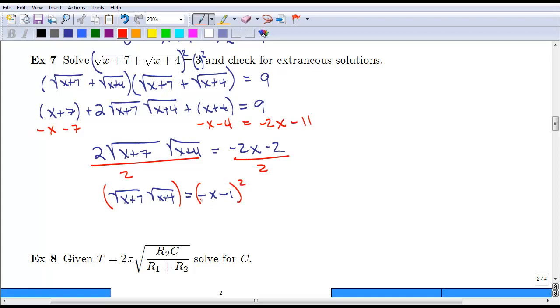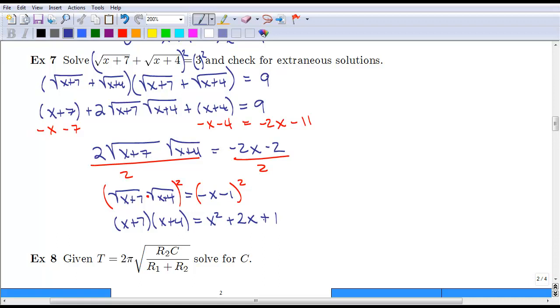And the nice thing here is that since these are both square roots, we can distribute because they are multiplied together here. So we have x plus 7 times x plus 4. And then if we square the other side, we end up with an x squared. We would end up with a plus 2x in the middle, and we would end up with a plus 1 here.